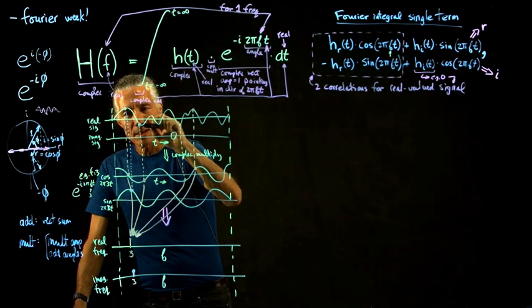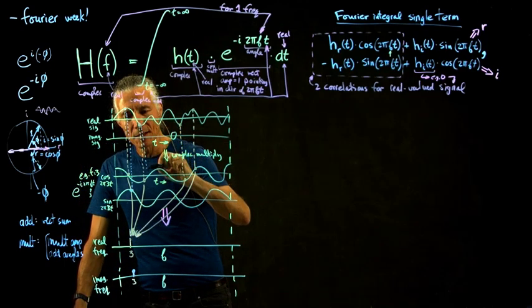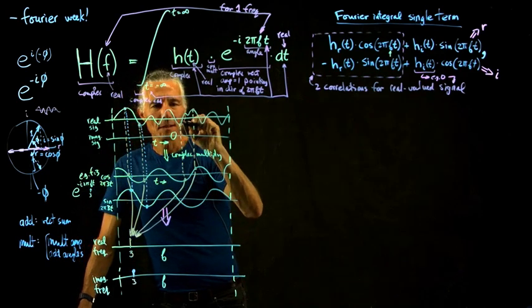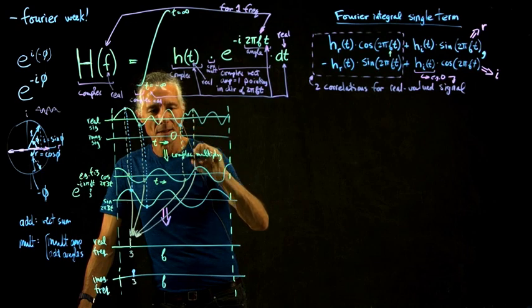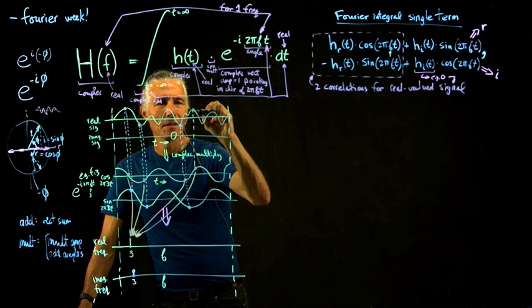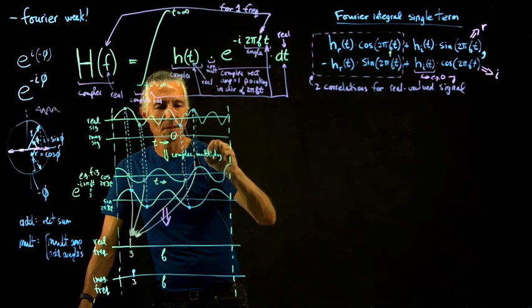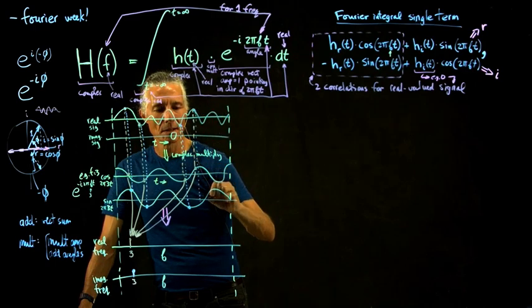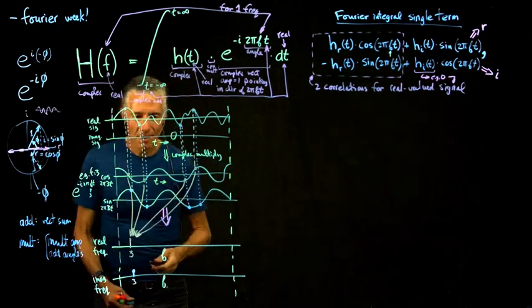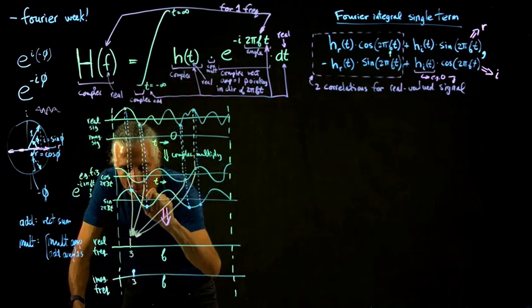Here's that same data point, and then we'll go over and get the sine. Same data point, get the sine. And again, last one. And do that for everybody, and then sum all those guys up.